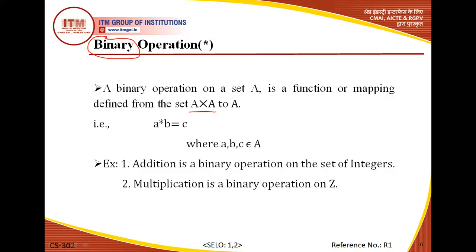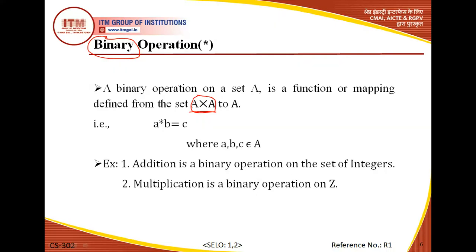A function is a relation from a set to some different set. But here the set that we have taken as the domain is the cross product of two sets. This is not one set, this is the cross product of two sets.